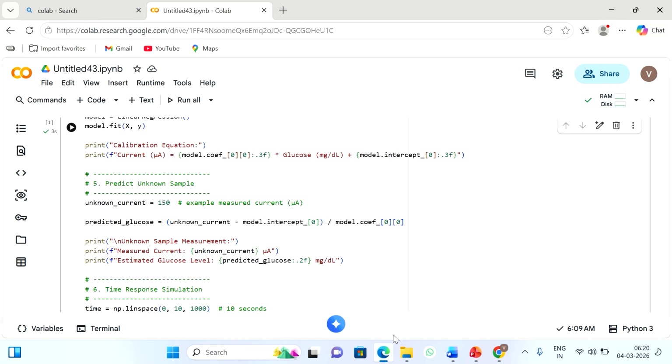Then predict an unknown sample. unknown_current is equal to 150. This is an example measured current in microampere.